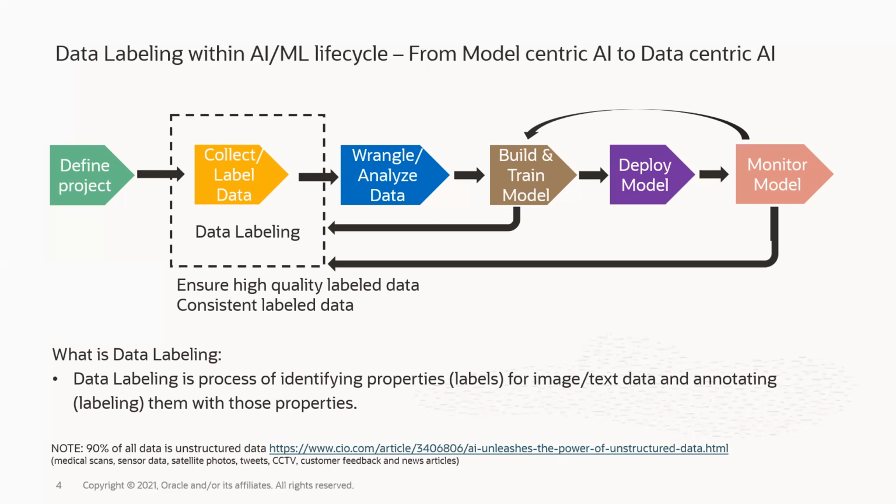And same thing could be applied for text too. So as you can see, most of our data that is being collected around us is all in the realm of unstructured data. So be it medical scans, sensor data, tweet data, customer feedback, news articles. So most of it is in the realm of unstructured data. So this unstructured data kind of cuts across multiple industries.